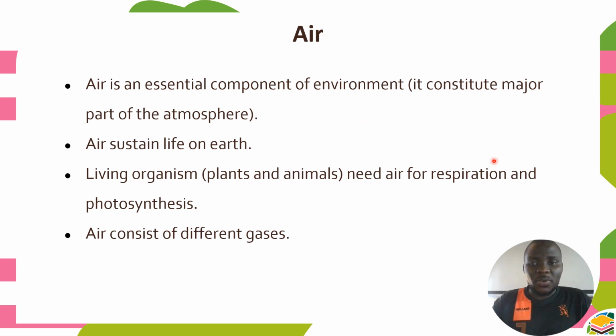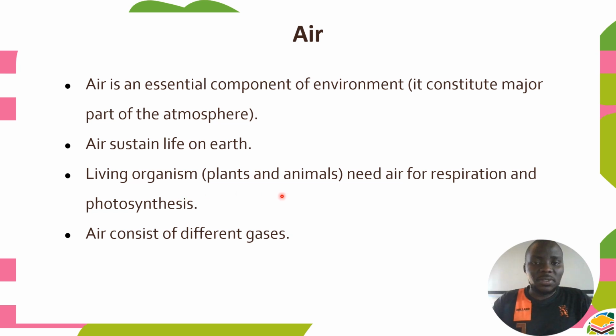Before we look at the definition of air, first of all, we need to look at the importance of air in the environment. Air is an essential component in the environment. It constitutes a majority part of the atmosphere. Air sustains life. This short sentence means that if there is no air, life cannot be found on the Earth's surface.